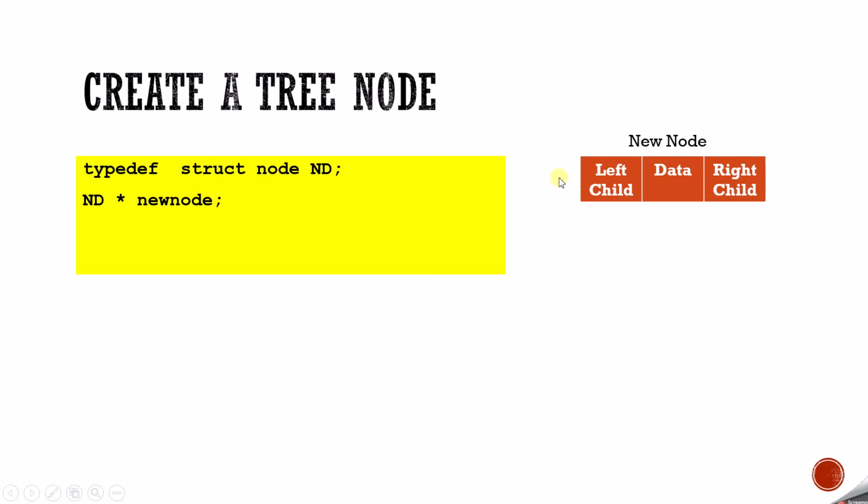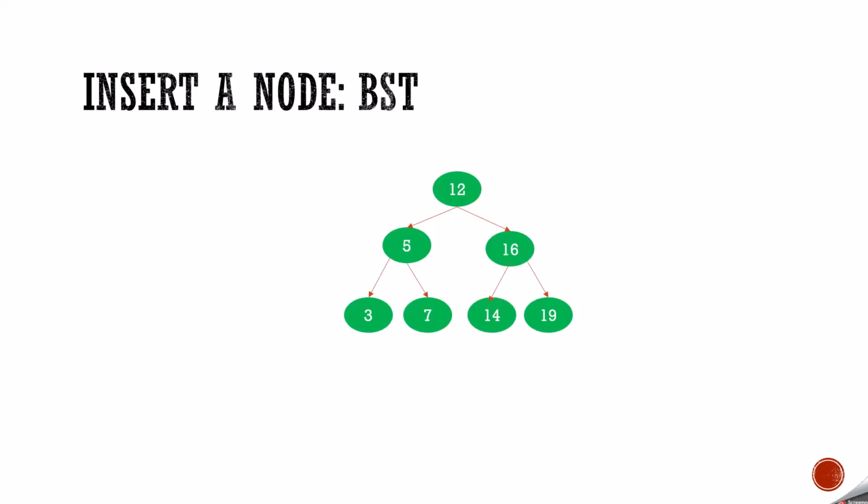Every time we create a new node, we need a pointer of type struct node to hold the address of the newly created node. To create it, we're going to use the malloc function, and after creation the address of that location will be held by the pointer, that is newnode.